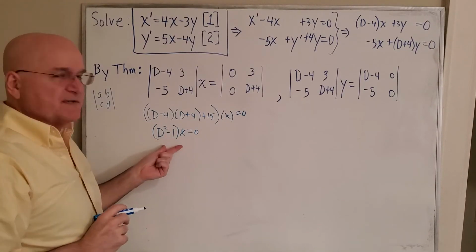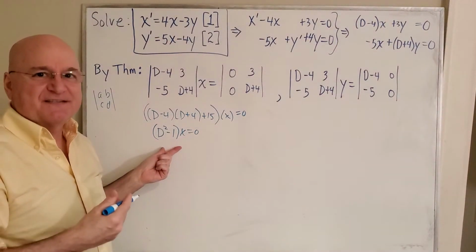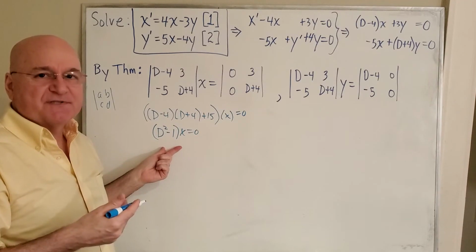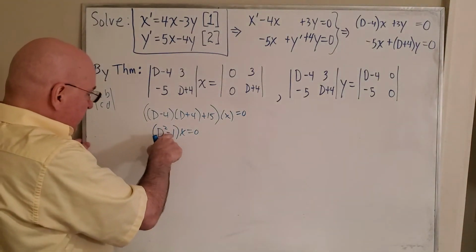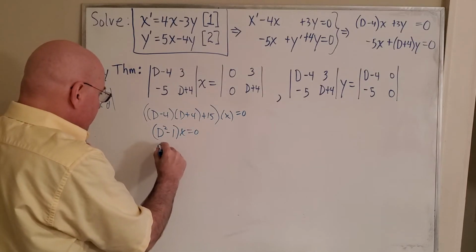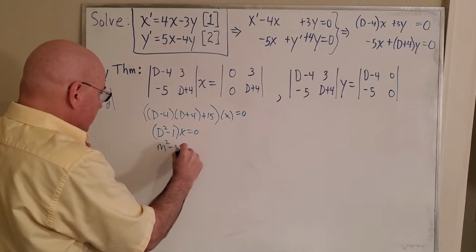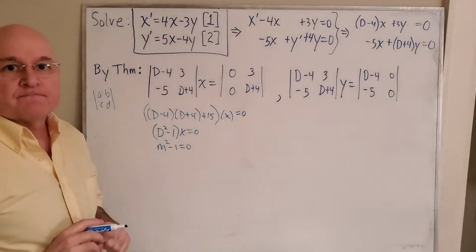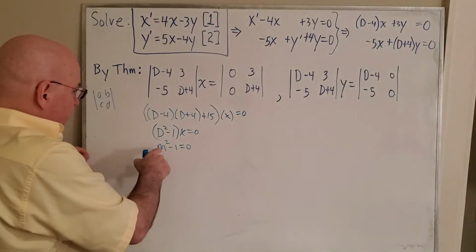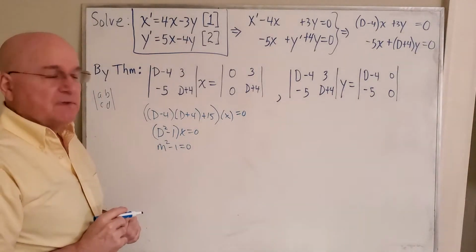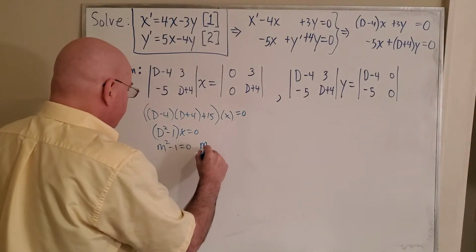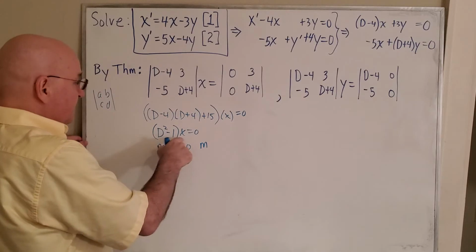Well, what are we going to do with this coefficient of the x? We're going to solve this using the characteristic equation that we've seen in the past. D squared minus 1, m squared minus 1 equals 0. So m squared is equal to 1.